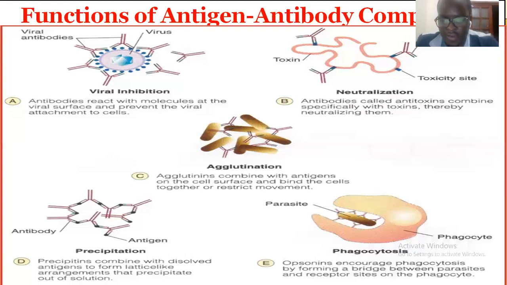So we have opsonins. These opsonins are proteins that are involved in opsonization of pathogens. So opsonins encourage phagocytosis by forming a bridge between parasites and receptor sites on the phagocyte. They're going to attach to the parasite or the pathogen, and then they're also going to bind to the receptor on the macrophage.